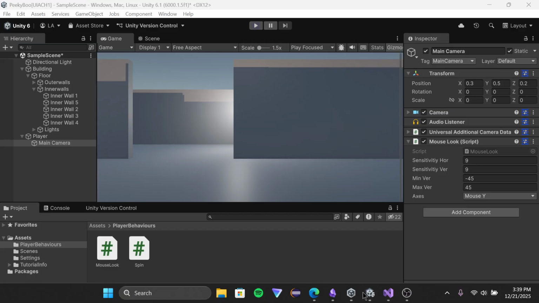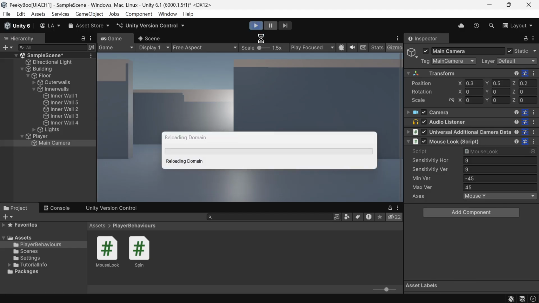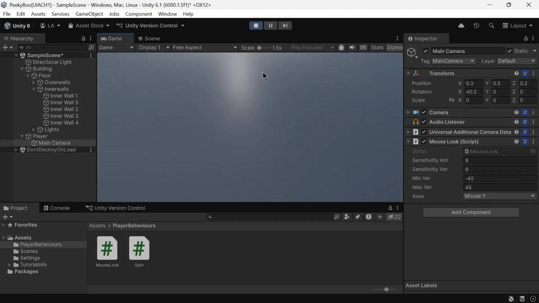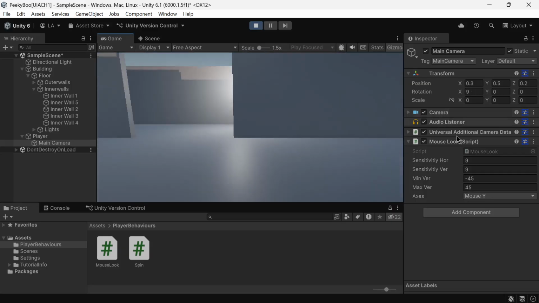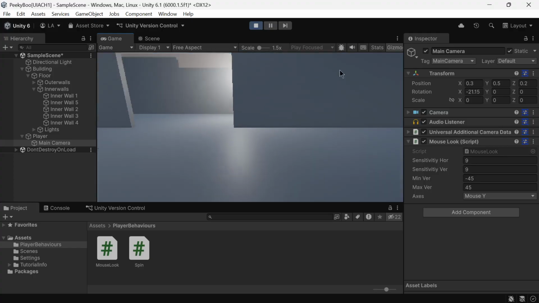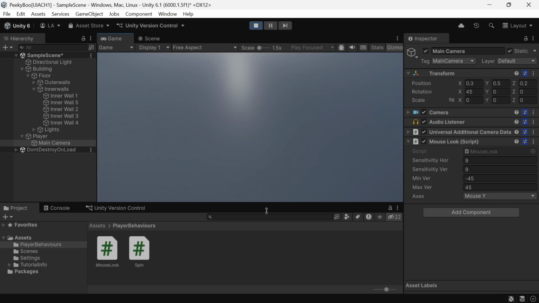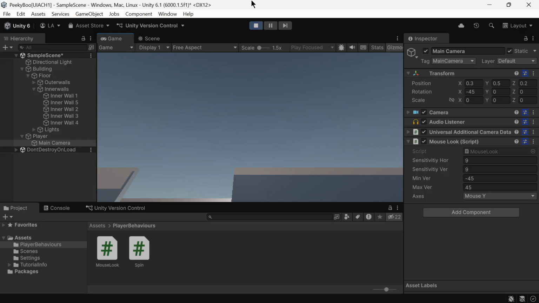So in Unity, let's say I have mouse Y, and let's just look at the rotational values of mouse Y. We see that there's a limit at 45 for X, and a limit right here, -45, because we don't want to snap our spine and go full circle, where we see our head, then our back. We don't want that. We just want to look up, but at a specific limit.